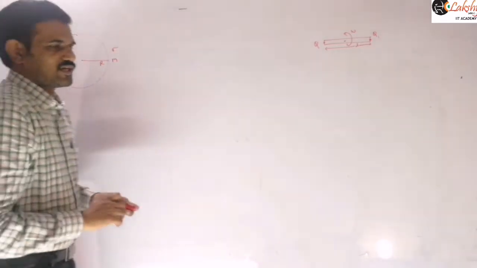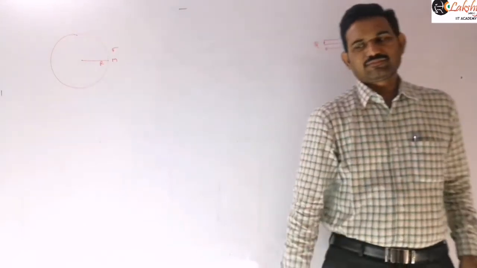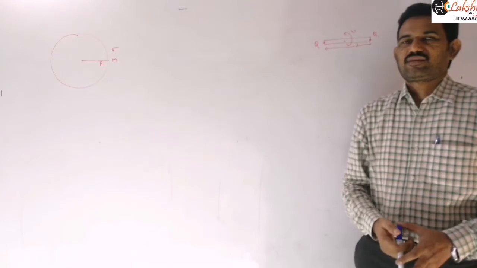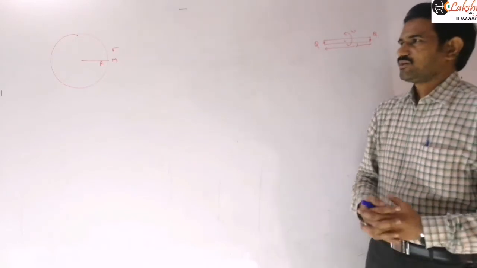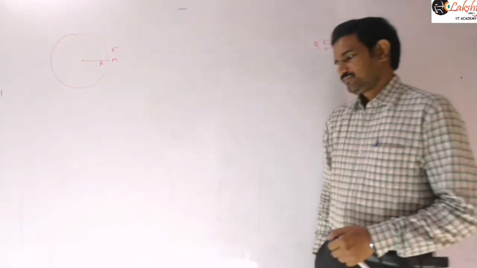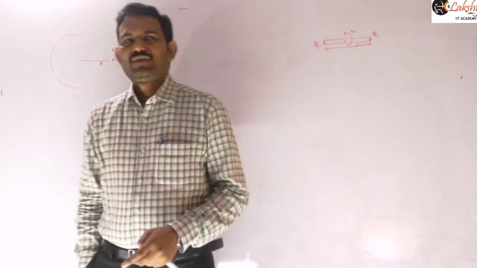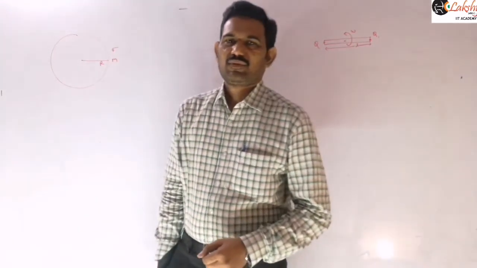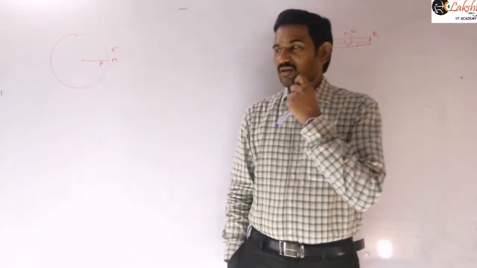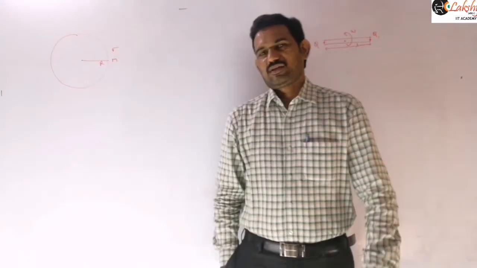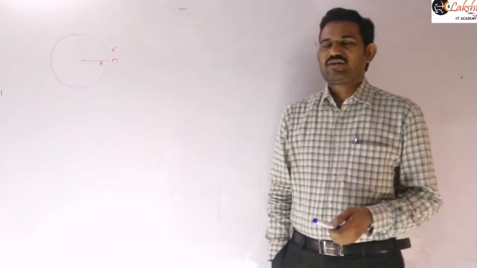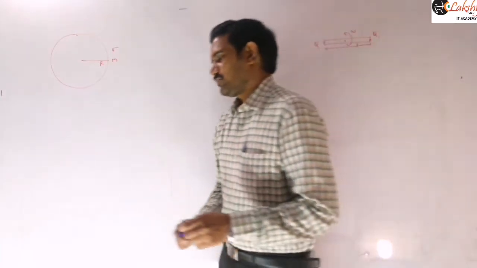If the disk is rotating about its own axis with angular velocity omega, then find its magnetic moment. Is it clear? Now only the magnetic moment calculation here. The disk is rotating with angular velocity omega, and we just need to calculate this magnetic moment here.